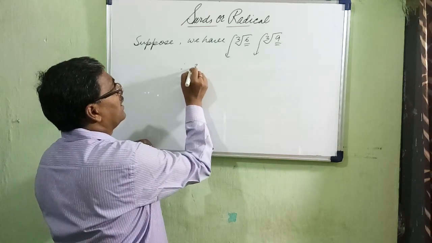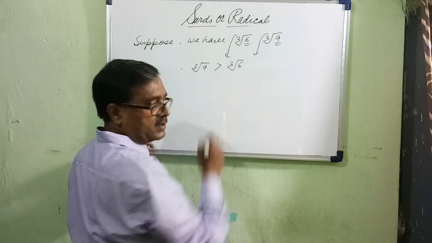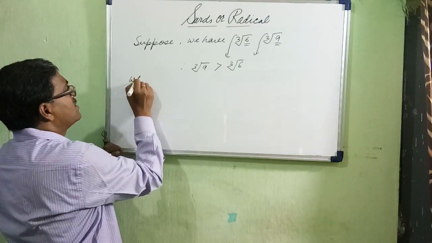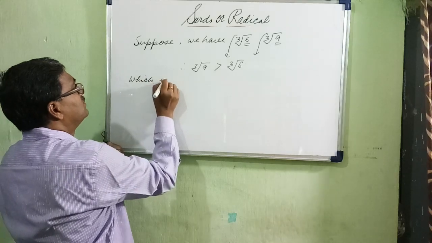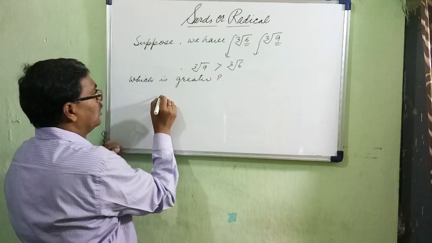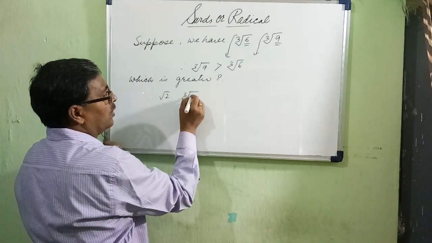Therefore we can say cube root of 9 is greater than cube root of 6. Let us take one example, which is greater: square root of 3 or cube root of 2.